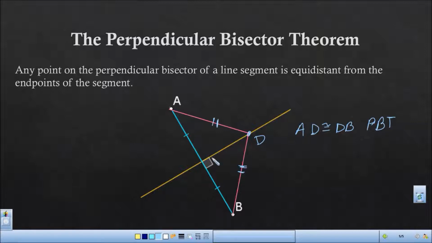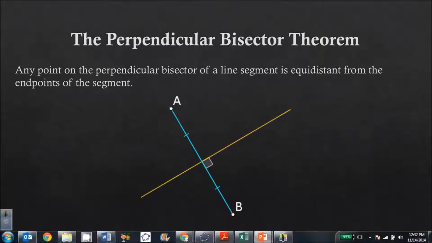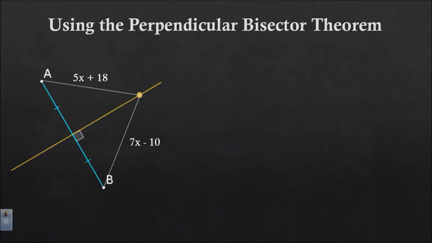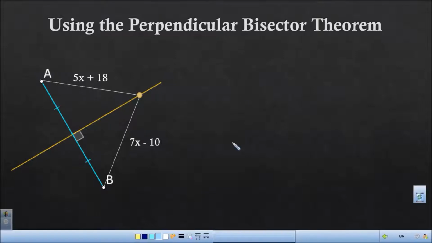So how is this used? Anytime we have a perpendicular bisector, we can choose a point on the bisector and the segments are the same length. So this problem shows up with algebra like this. Here we have two line segments. Let's call this AD and DB again, with the expressions 5x plus 18 and 7x minus 10.